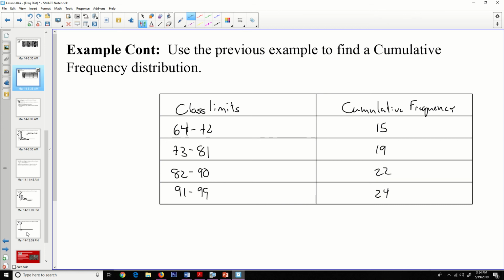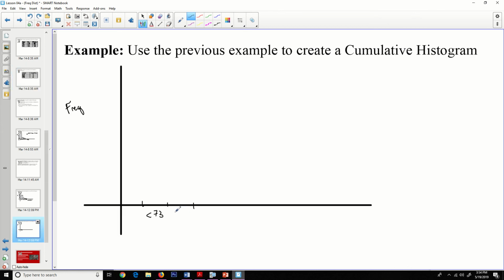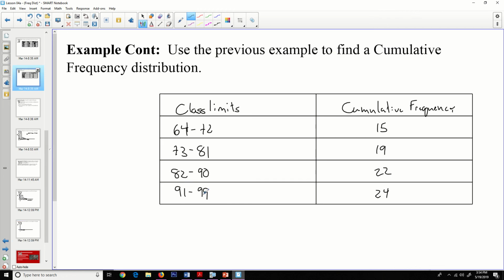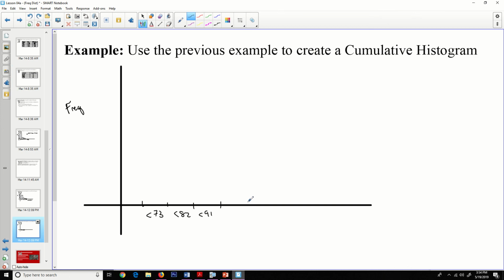So this next one would be everything that is less than 82, because that is the top of the third class. And then everything that is below 91, the top of the next class. Well, the last class doesn't have a top, but we can still follow that same pattern and say that one more than 99 makes this class everything that is less than 100.